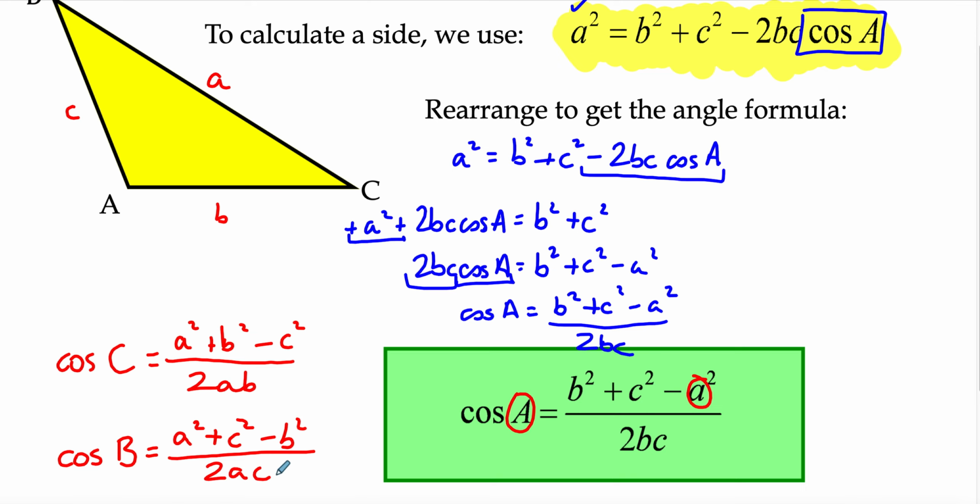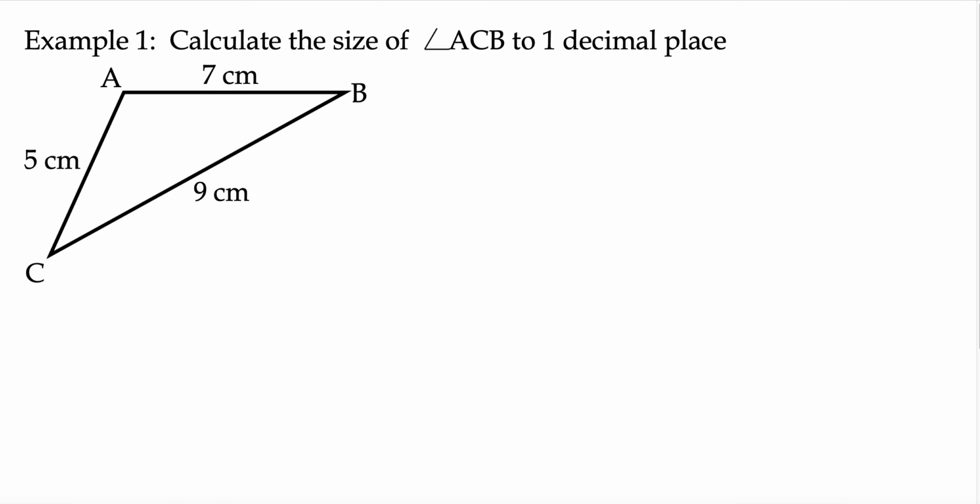Okay, so first of all, make sure you write down the formula correctly, and then let's try and do this problem here. Calculate the size of angle ACB to one decimal place. So here we've got angle A and side a, angle B, side b, angle C and side c.